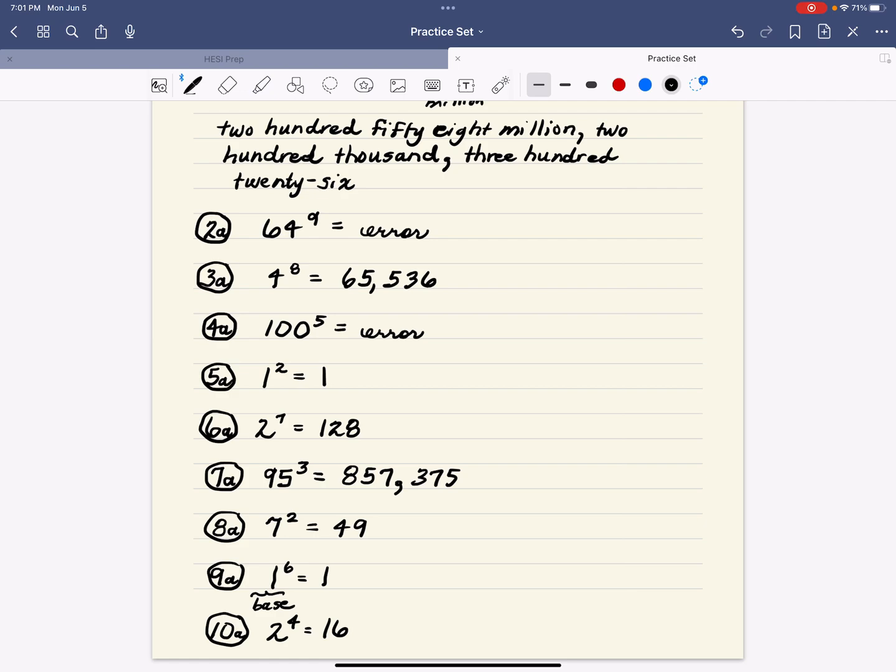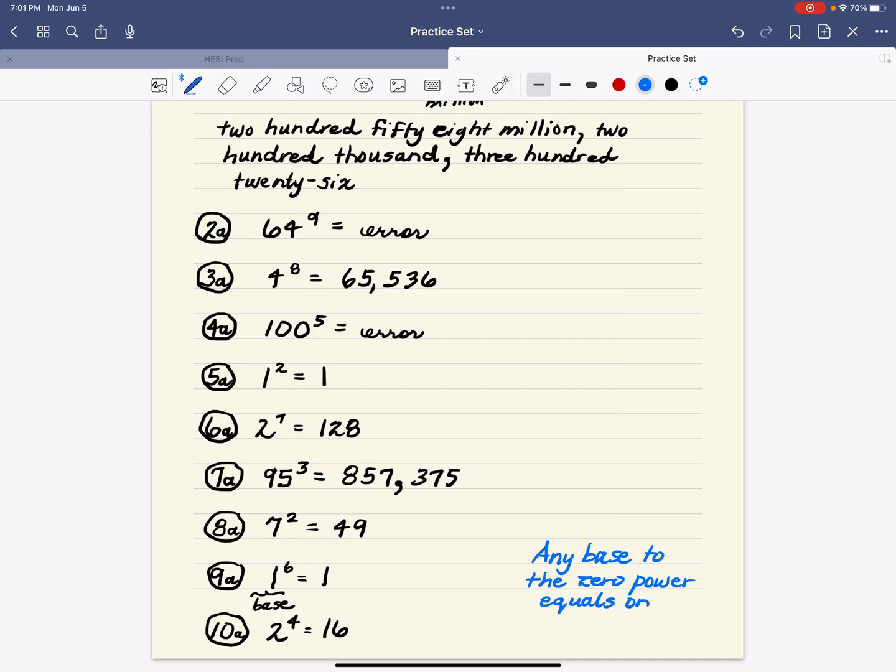One other thing that I need to be sure, I should have told you this in class, but in case I forgot, let me put it right here. Any number, let me say it this way, any base to the 0 power equals 1.